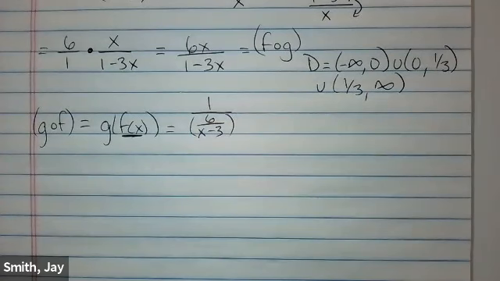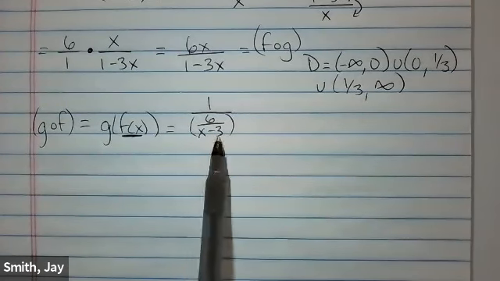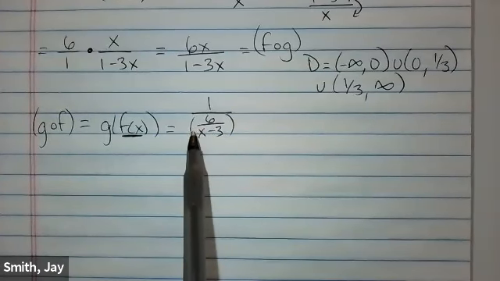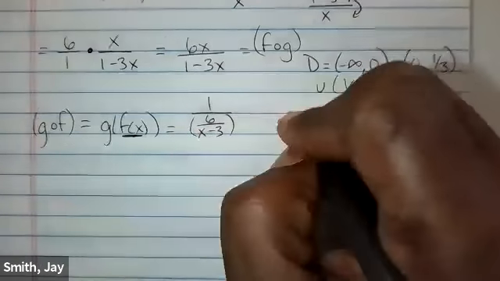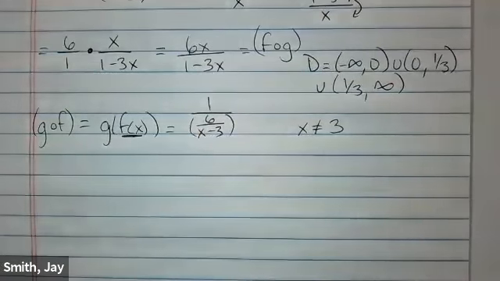Now, before we simplify it, it's going to help us to look at this particular complex fraction and ask ourselves what will make this undefined so we can exclude it in our domain. The only thing we really have to worry about is x minus 3 being equal to 0. So if x was equal to 3, this denominator is equal to 0. So we know that x cannot be equal to 3.